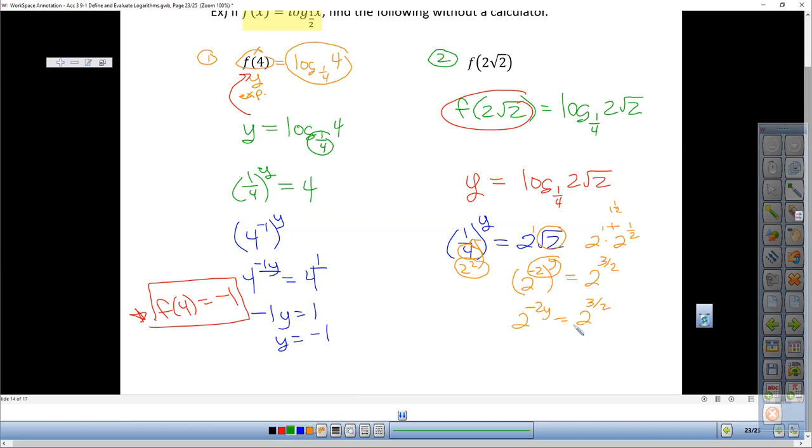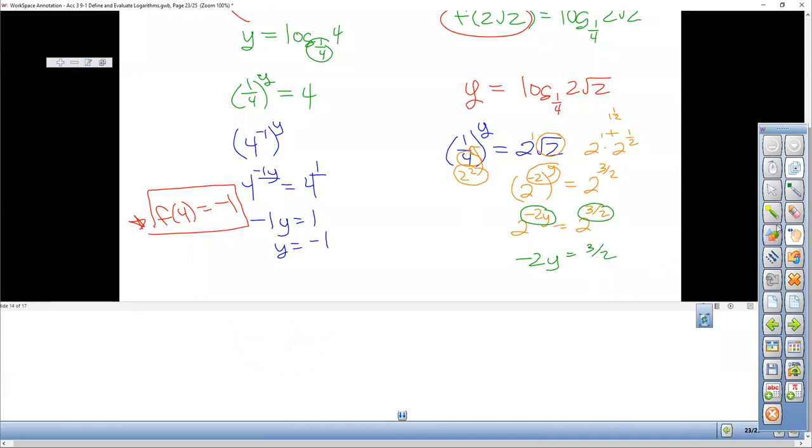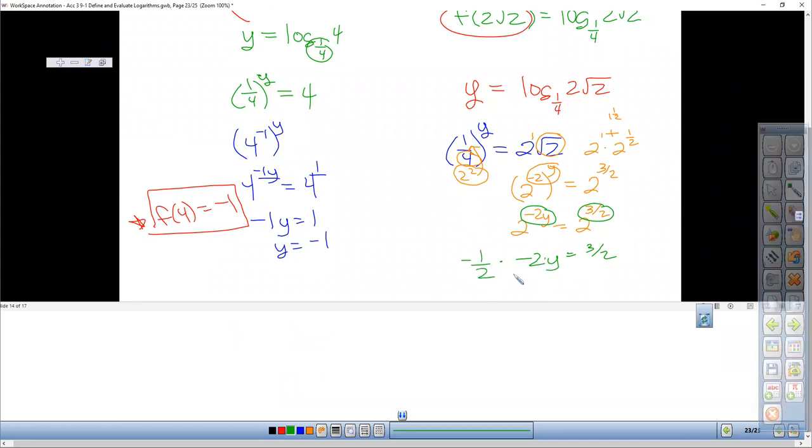Now I have a power of 2 equals a power of 2, so I can use my exponential property of equality. So negative 2y equals that 3/2. The easiest way to work with a problem like this would be to use not division, but what division is equivalent to, which is multiplying by the reciprocal.